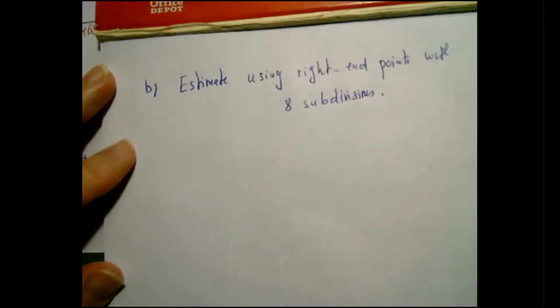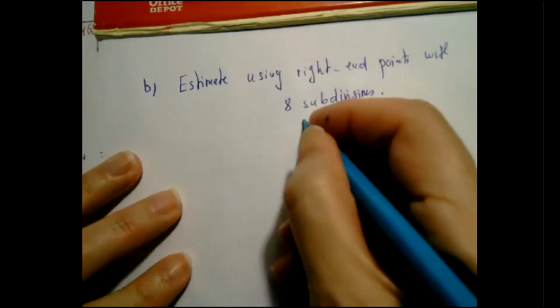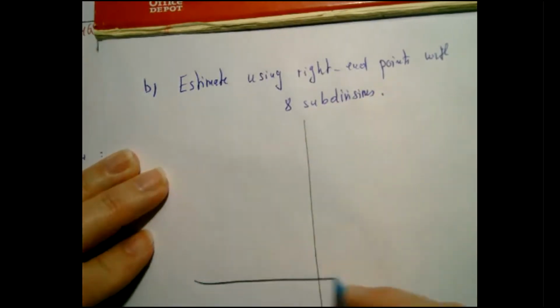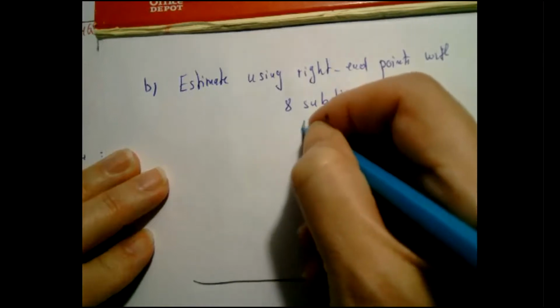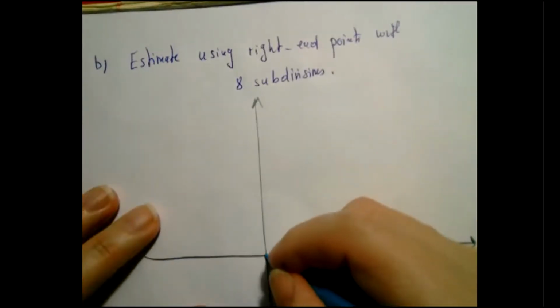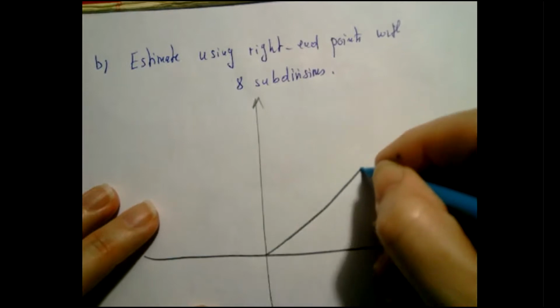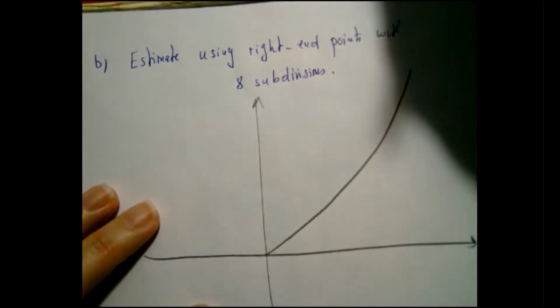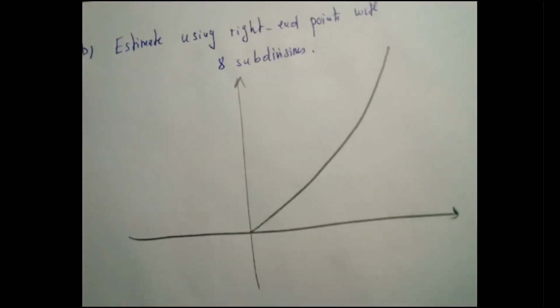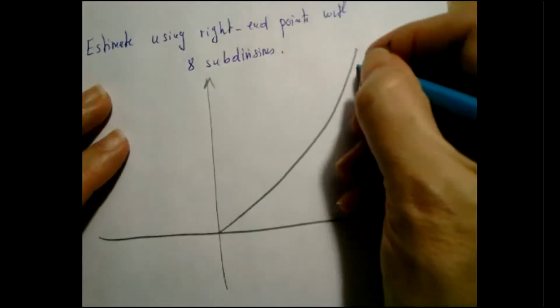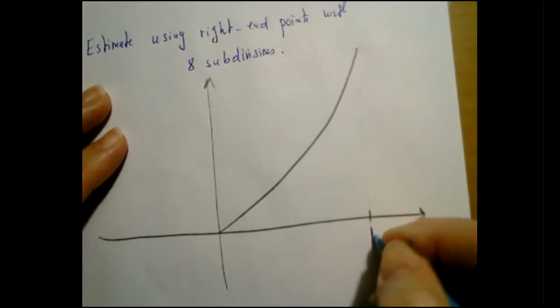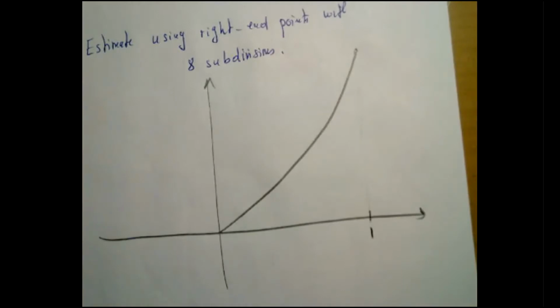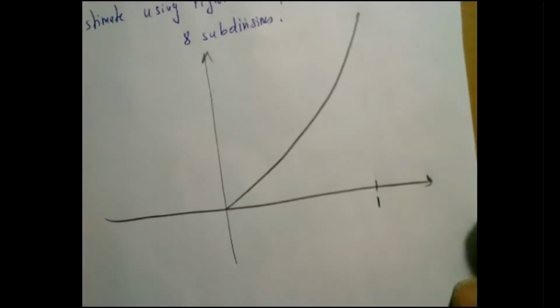Okay, so now I'm going to make more subdivisions. I'm not changing, of course, the picture. I'm just going to make it a little bit like that. Remember, that's curving, that's the x squared curve. The only reason it looks like it's not curving is because I'm drawing it large. So this is my 1. Now when we do 8 subdivisions, usually we take equal subdivisions.